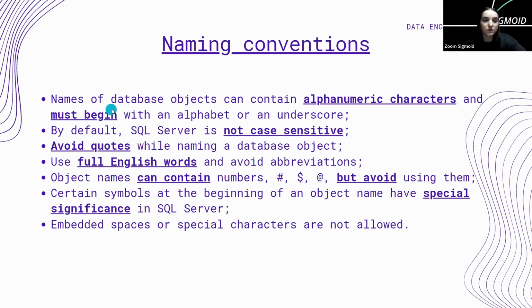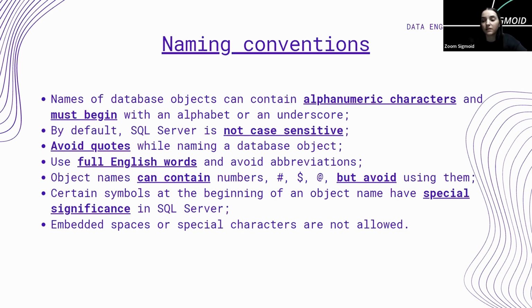As I said, names of database objects can contain alphanumeric characters. Alphanumeric characters are all the letters from A to Z, numbers 0 to 9, and some symbols. By default, SQL Server is not case sensitive.